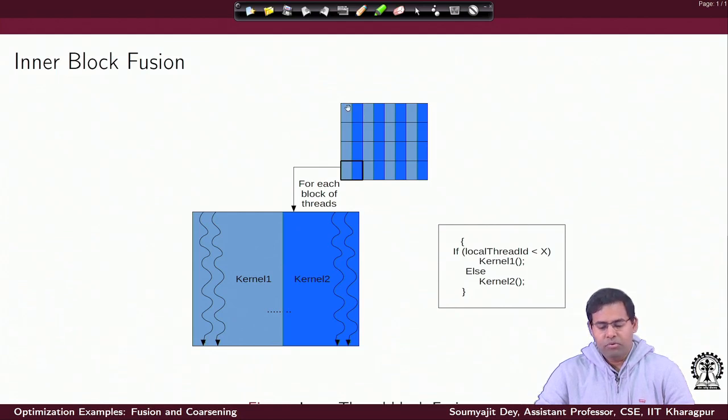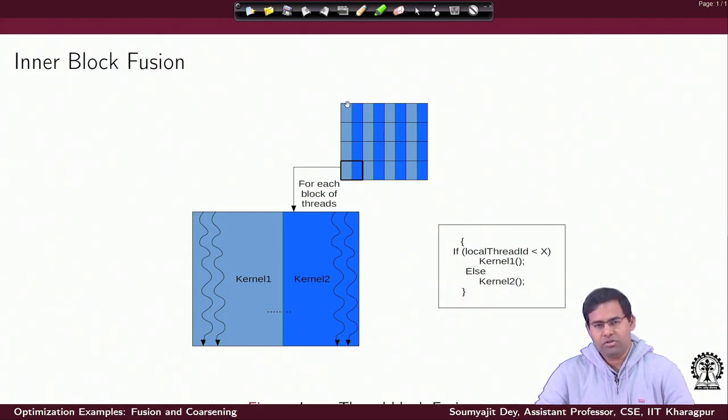We compute a local thread ID here. I do not need to know the global thread ID, that is the ordering of the thread in a linearized manner, but I am just interested in the offset, or the local thread ID, with respect to this block.